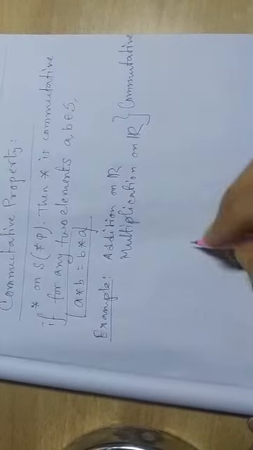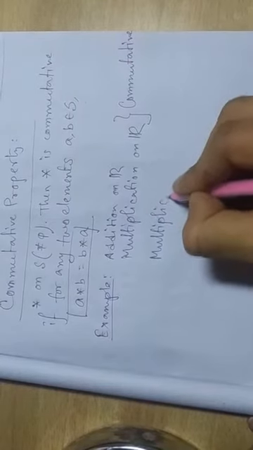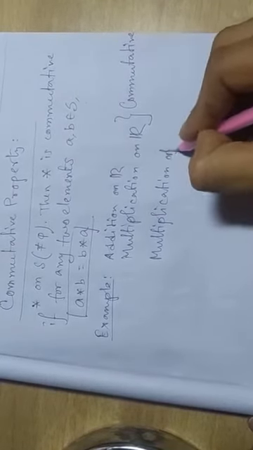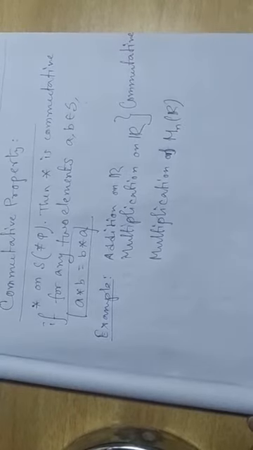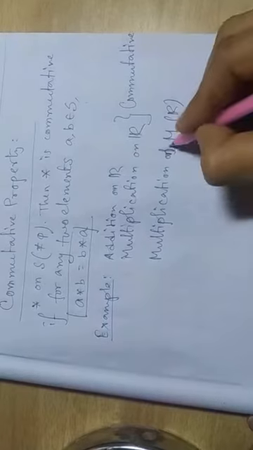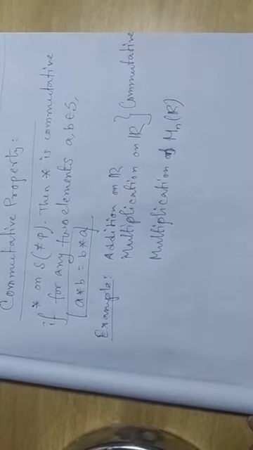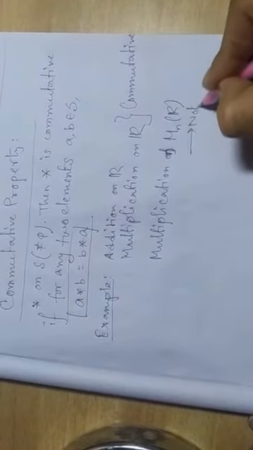But what about multiplication on M in R, meaning the set of all matrices of order n? Is matrix multiplication commutative? It is not commutative.